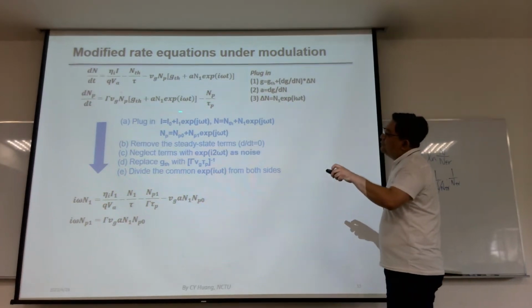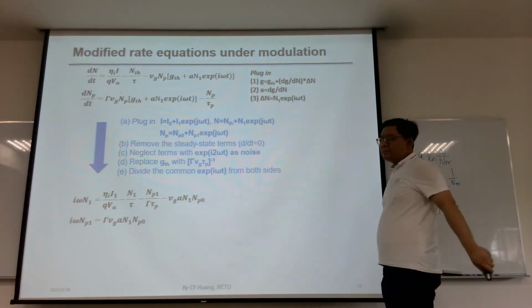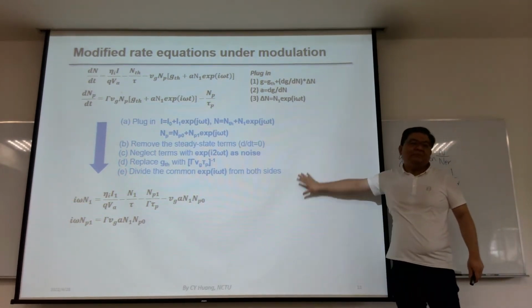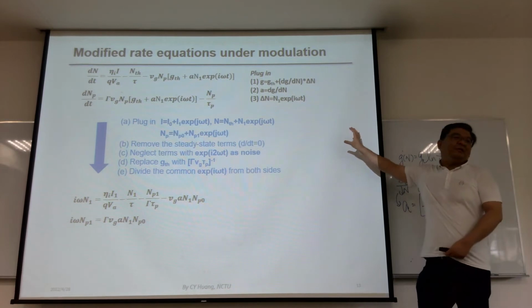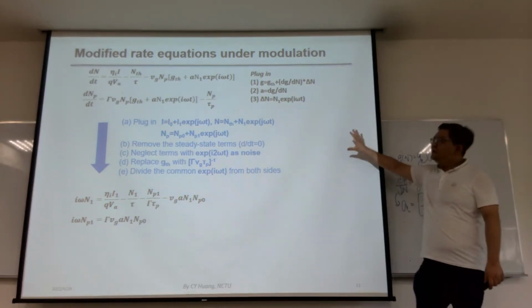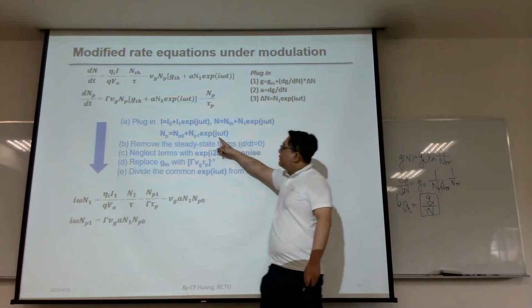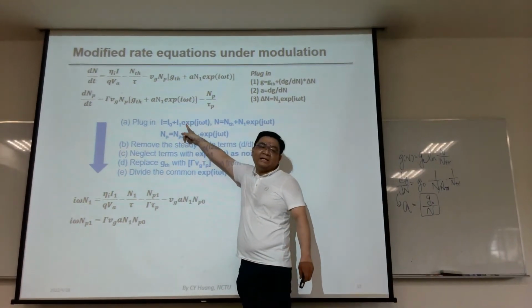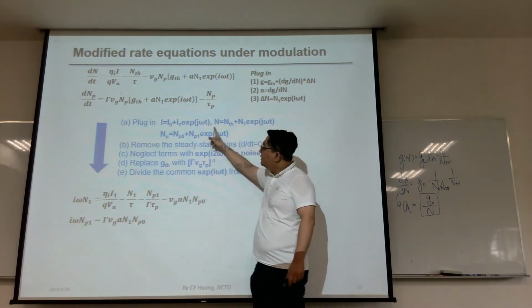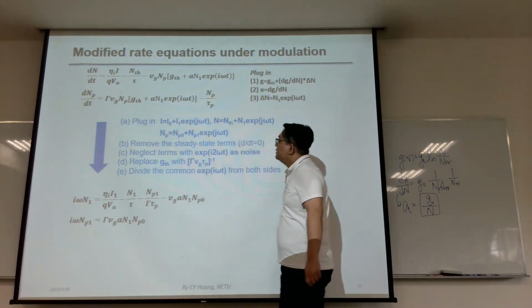Similarly for the photon rate equation like this, then it's a series of mathematical operations, purely algebraic and tedious, so I'm going to skip that. But I will tell you how to do that. First, you also plug in I equals I0 plus I1 exponential, N as well, NP as well.